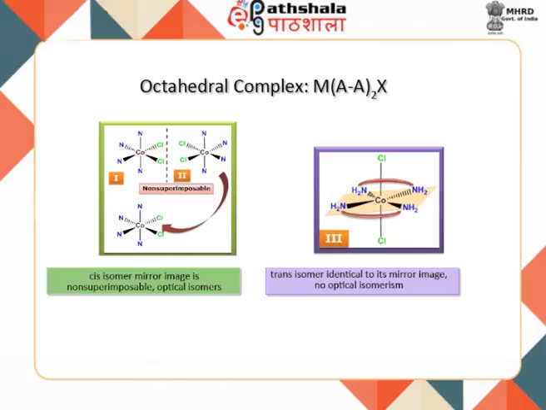On the other hand, trans M(AA)2X2 is achiral and will have only one structure. The optical isomers of the cis cobalt complex are shown on the left side. However, the figure on the right side of the slide describes the structure of the trans cobalt complex. Structures 1 and 2 are enantiomers of each other. However, the pairs 1 and 3 and 2 and 3 are diastereomers.